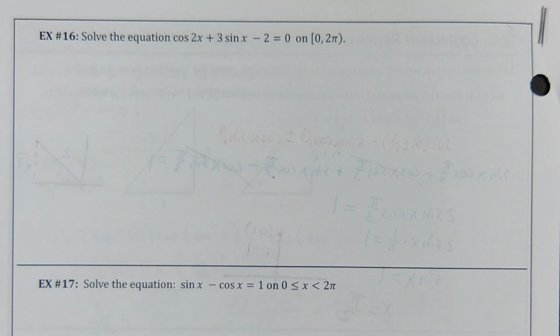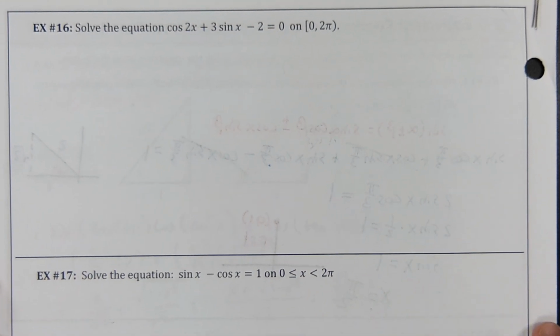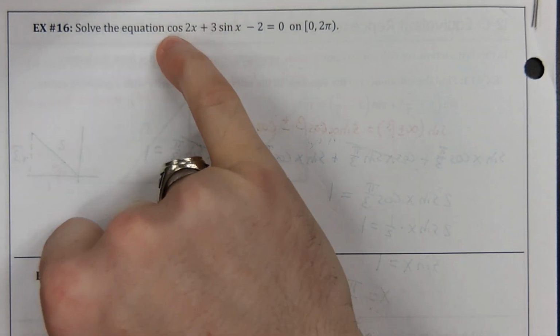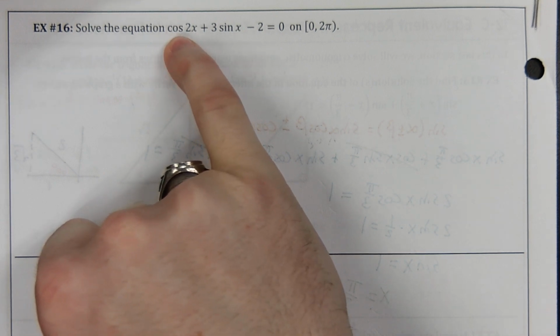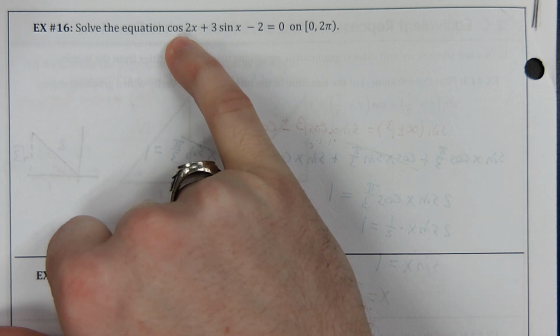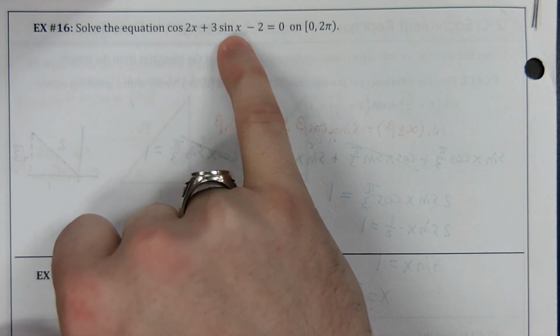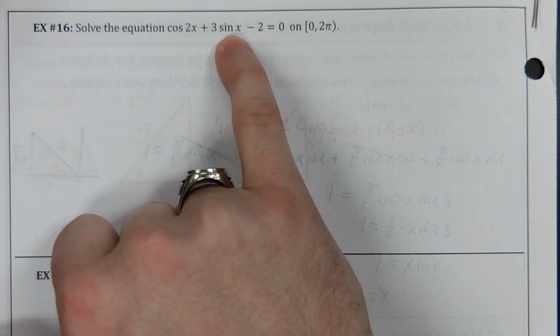This is polynomial in nature. And hopefully you see that right there. And you have 3 options for this double angle identity. But no matter what, there's going to be a sine x here.